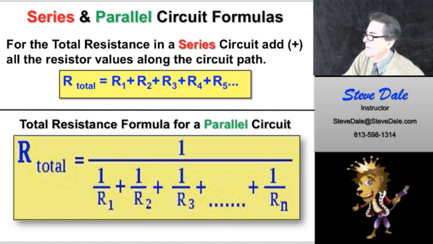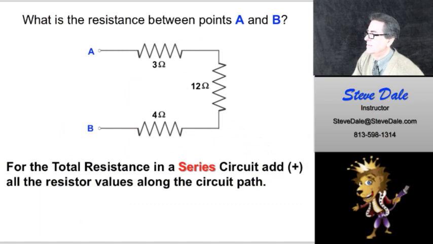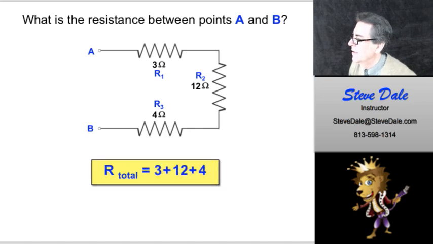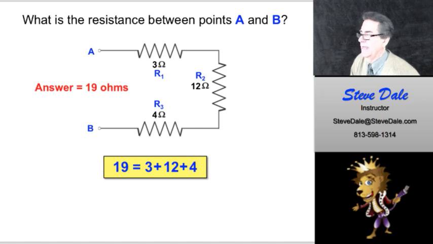There's your formula: R total equals R1 plus R2 plus R3, for a series circuit. So it's 3 plus 12 plus 4, and you come up with 19, measured in ohms. Again, the upside down horseshoe next to it: 19 ohms, for Georg Simon Ohm.